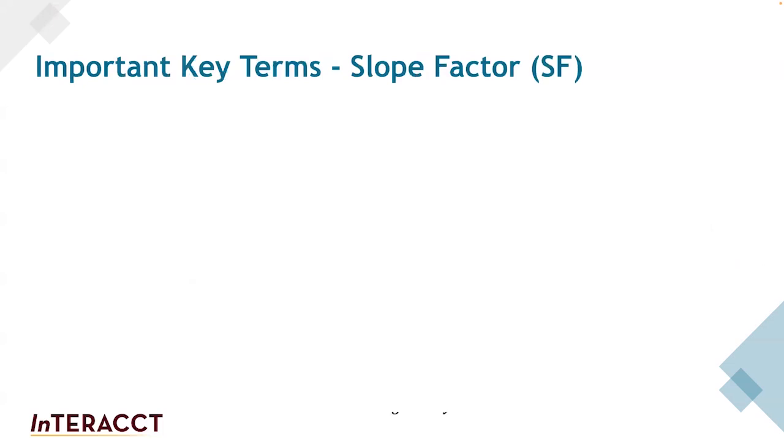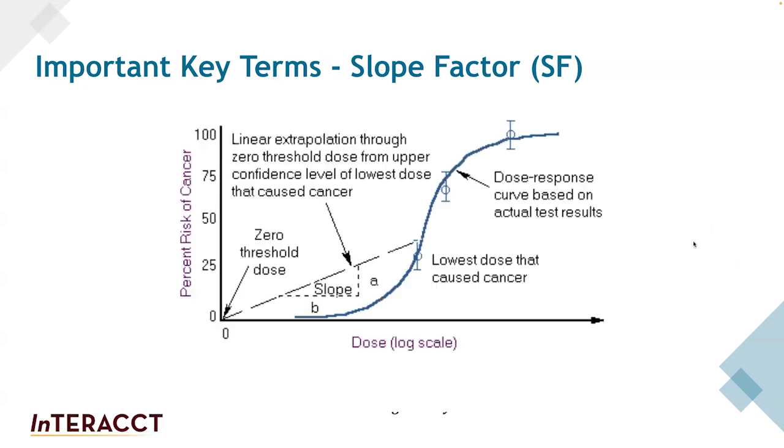Let's now look at a key term related to cancer risk assessment, the slope factor, or SF. This graph shows a dose-response curve for a carcinogenic substance. The x-axis represents dose and the y-axis represents the probability of developing cancer, not a guaranteed outcome.